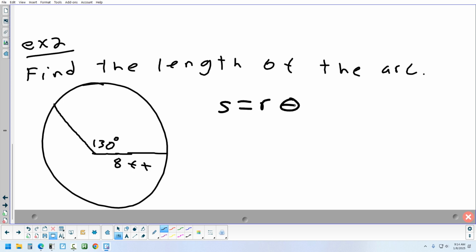And now go through each letter. What did they give me for S? Nothing. That's the question. Find the length of the arc. What did they give me for the radius? 8 feet. And what did they give me for the angle? They gave me 130.